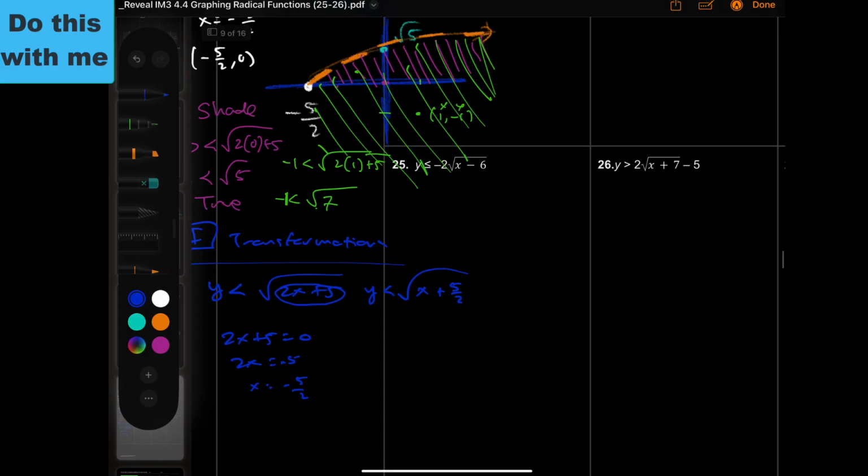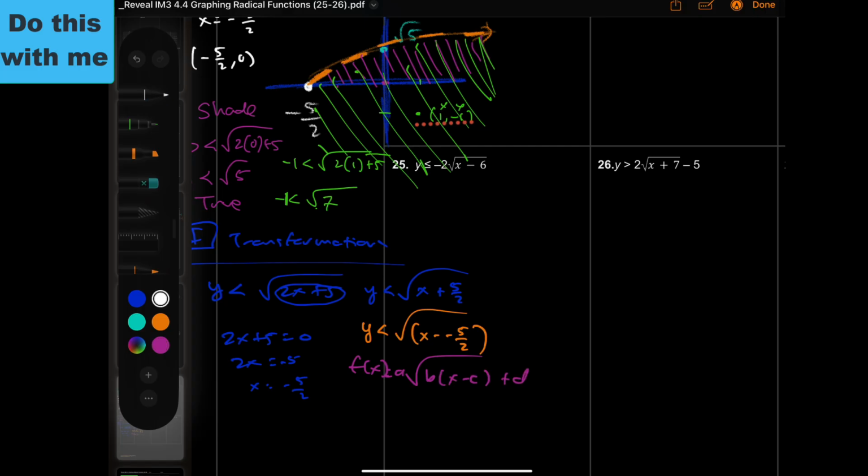Now, why did I write it that way? So that I can do this. If you write the form that we just learned previously, notice that is inside. So let me just write the whole thing. f of x equals a times the square root of b times x minus c, plus d.